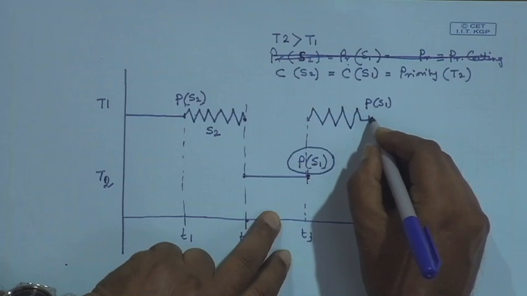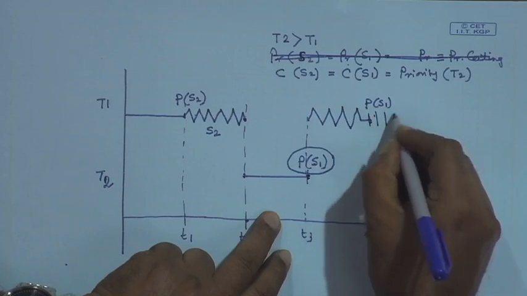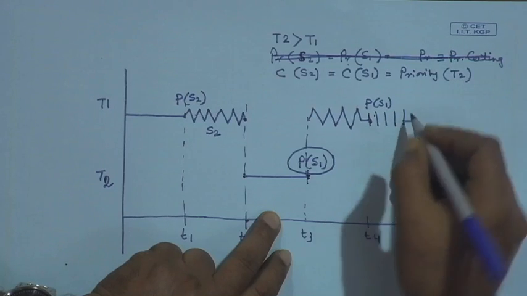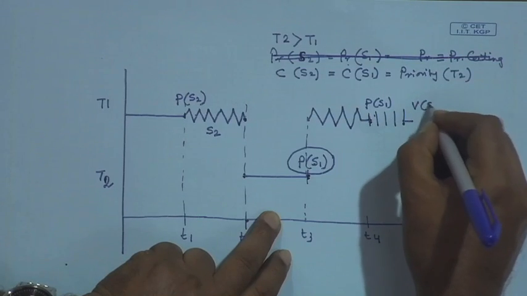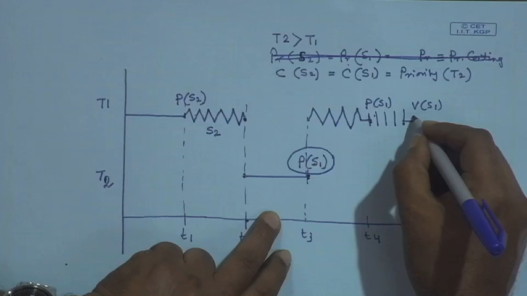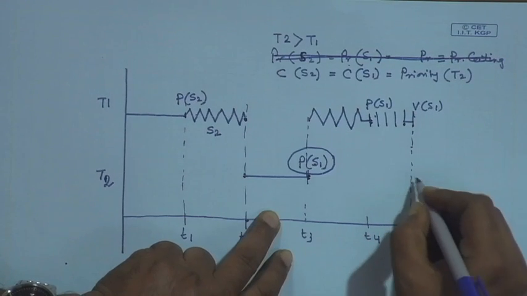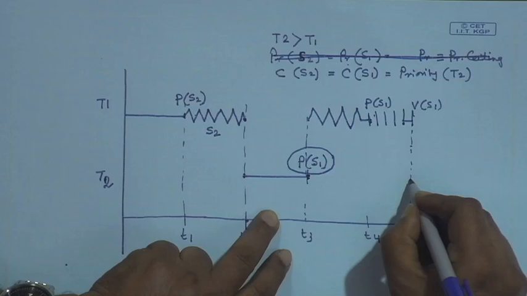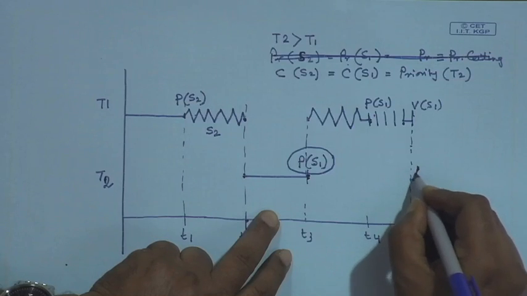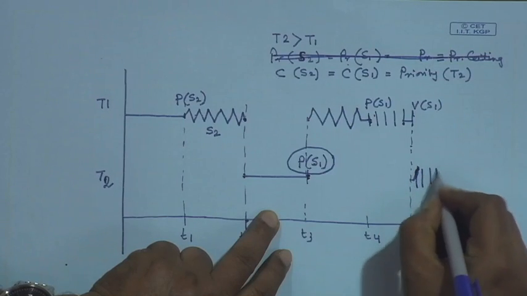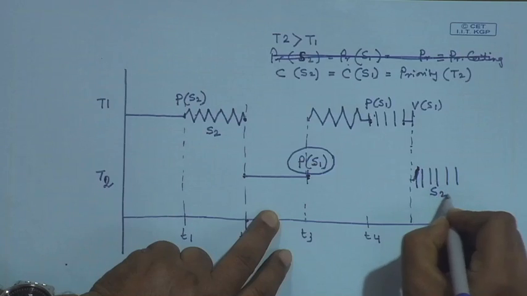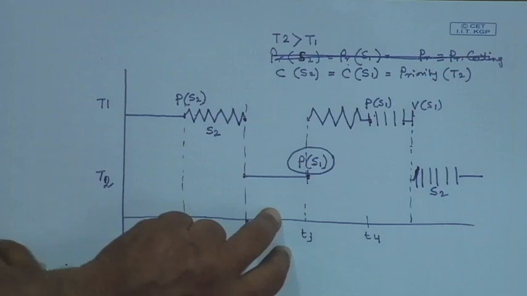It will complete P(S1) here and then perform V(S1), and as it does V(S1) here, then T2 can again start executing with S2, right. Thereby, we are avoiding the deadlock scenario.